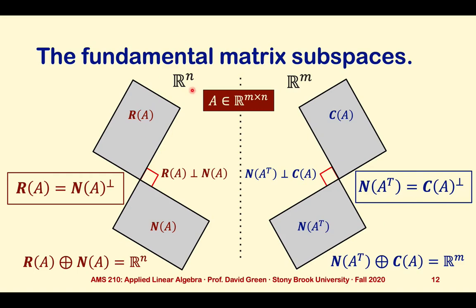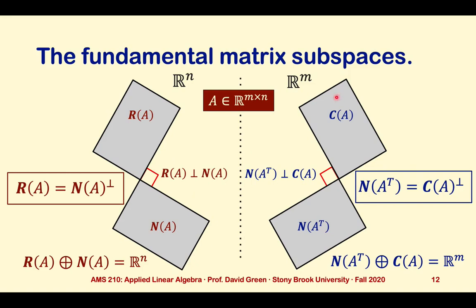On the Rn side, we have the row space and the null space. Their direct sum is Rn. That is, if we take all linear combinations of them, we generate the original space. They are orthogonal to one another. Every vector in the row space is orthogonal to every vector in the null space. We can say that they are orthogonal complements.